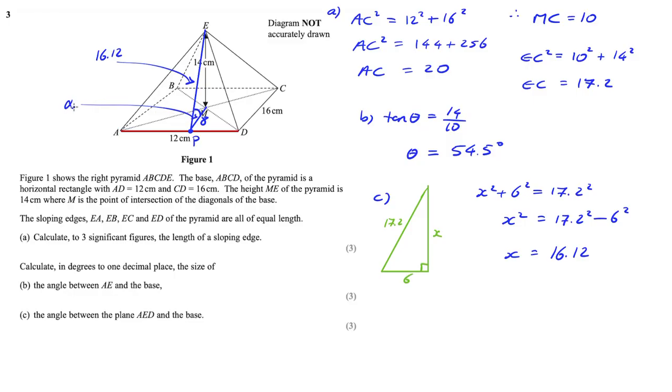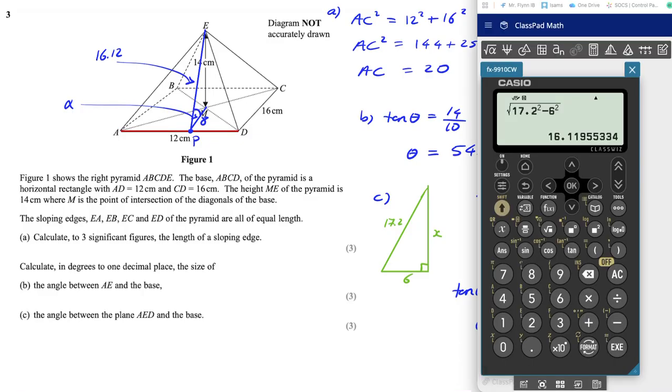So the angle that I'm trying to get is this one here. Let's just call it alpha. So I'm going to say the cosine of alpha. And I've just realized something stupid, guys. I didn't even need that 16.12 because I had the 14 and I had the 8. So I could just say tan of alpha is 14 over 8.